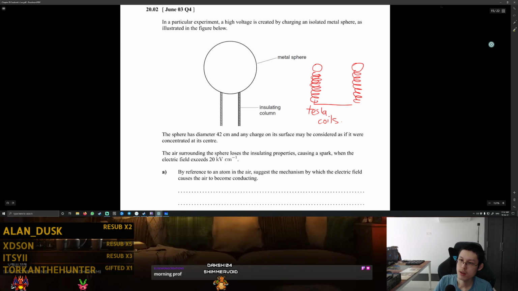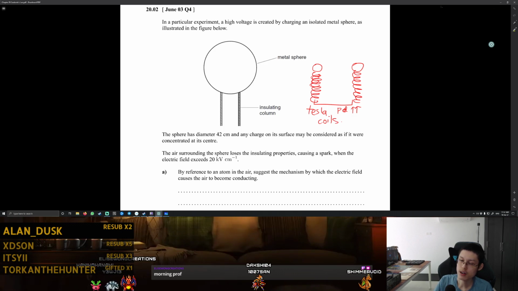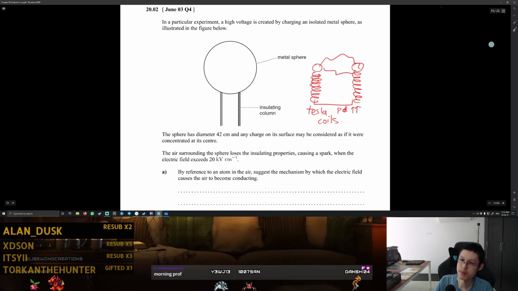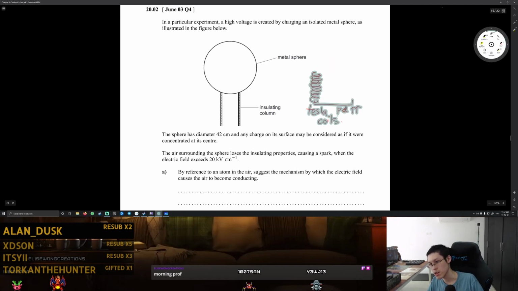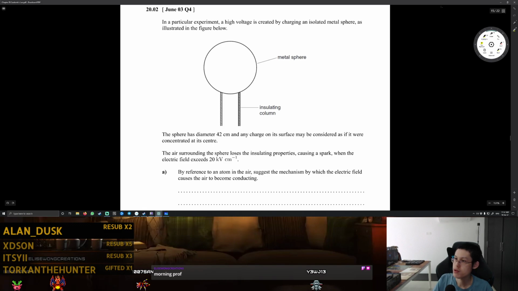And if you connect these two and then you increase the potential difference between them to some value, if you keep increasing it, eventually the electric field will be so strong that electricity would start to arc across the air, and then you can see sort of these arcs of lightning going bazap, bazip, bazap. So that's a Tesla coil. The question is saying that once you increase the electric field to some value, you get a spark in the air. So spark essentially means current traveling through the air.